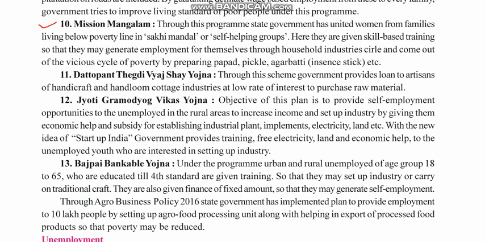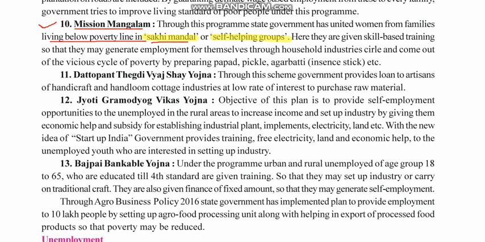10th one, Mission Mangala. Through this program, the state government has united women from families living below the poverty line in Sakhi Mandal. Now, what is Sakhi Mandal? Sakhi Mandal basically means a self-help group.